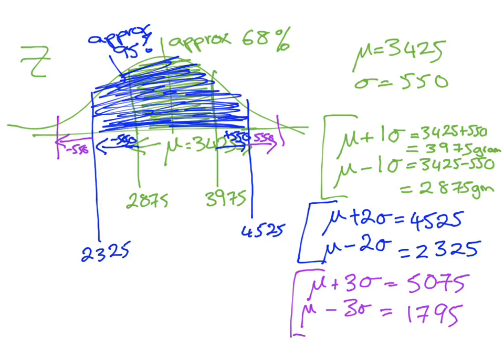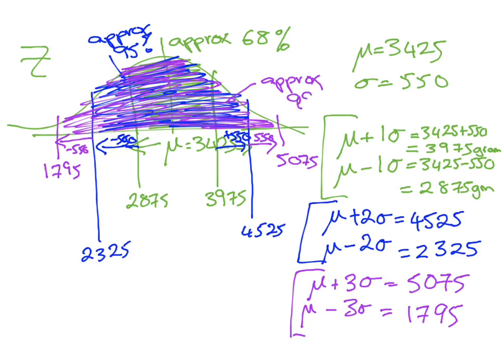So that now gives me there 1,795 grams up to 5,075 grams. And if I shade in all of the area between those 2 points, so plus or minus 3 standard deviations, all of that space, that whole area there is approximately 99%. So about 99% of the data lies within 3 standard deviations of the mean.